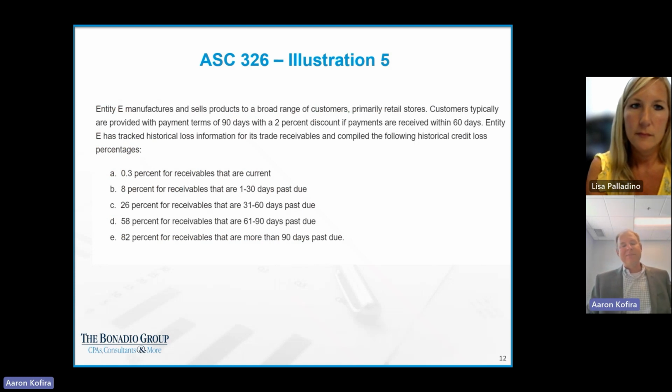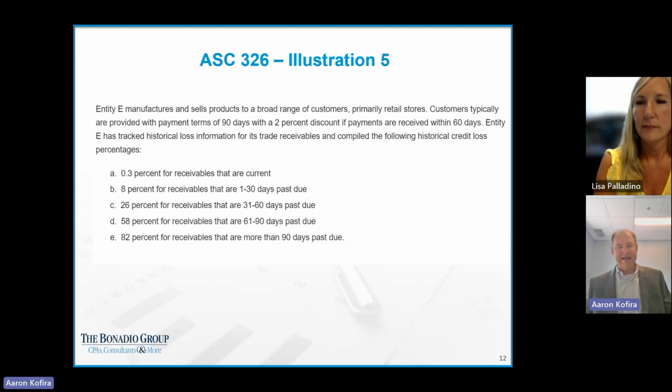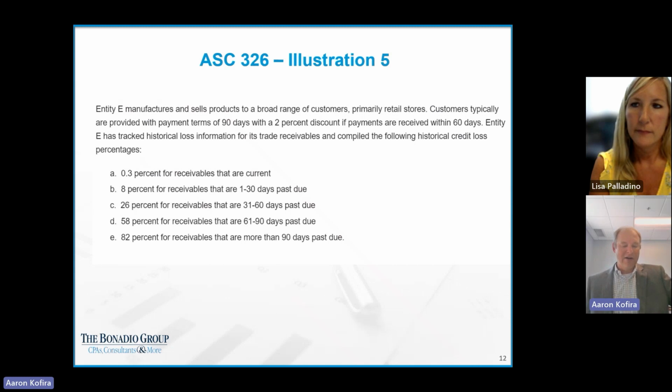The example that we have here is right out of ASC 326, Illustration 5, which is where ASU 2016-03 came from. It gives you an example of an aging matrix, which we believe will impact the majority of our clients.